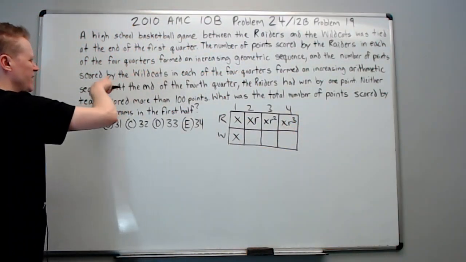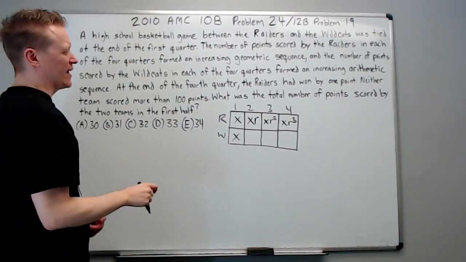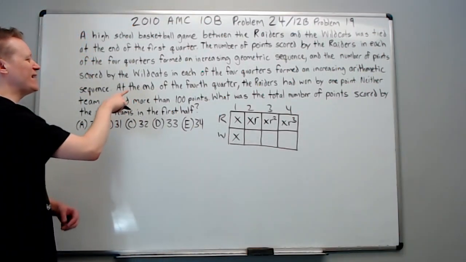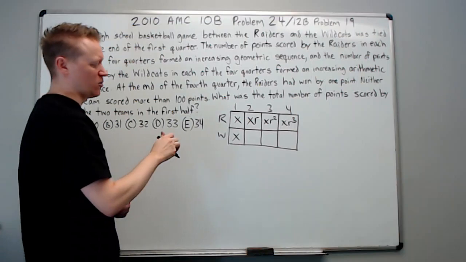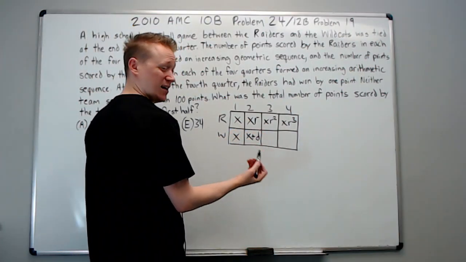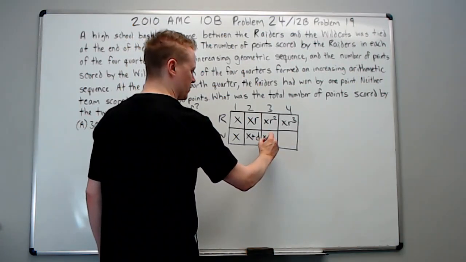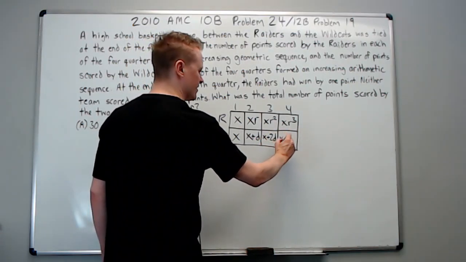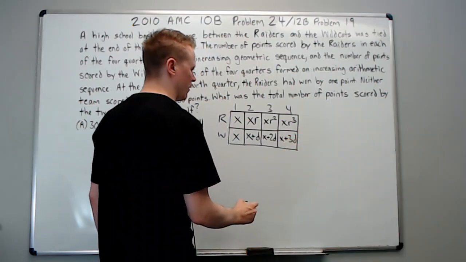Keep reading. The number of points scored by the Wildcats in each of the four quarters formed an increasing arithmetic sequence. So then that's going to be X plus 1D, a common difference, and then X plus 2 common differences, and finally X plus 3 common differences.